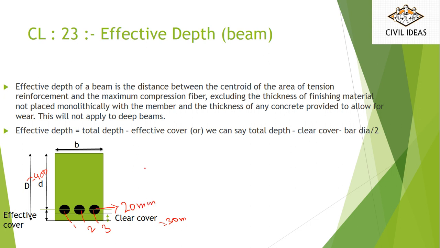Now the effective depth d will be 400 minus the clear cover 30 minus dia by 2. So it will be 400 minus 30 minus 10, which is 360 mm. Here the effective depth will be 360 mm.